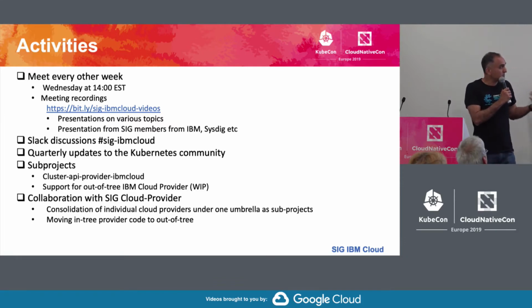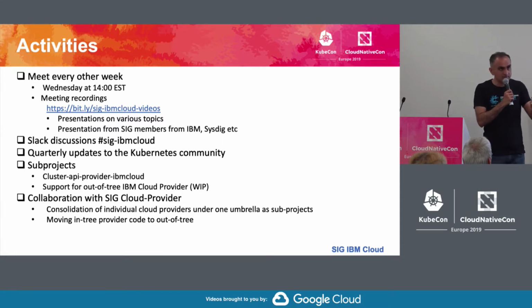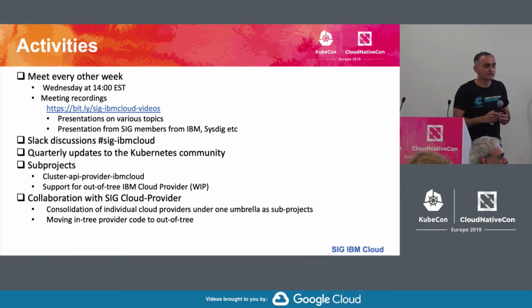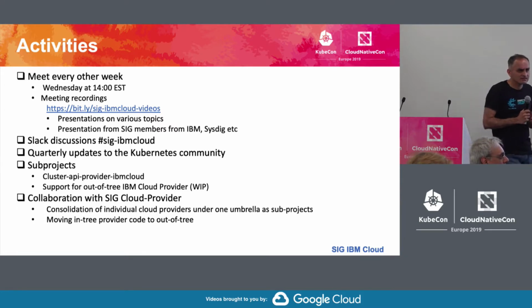IBM and other providers have developed their own API provider on top of the Cluster API. Yes, sir. The Cluster API provider of IBM Cloud is because essentially the API server is extended via an API, so you need to maintain your API instead of following the upstream Cluster API.